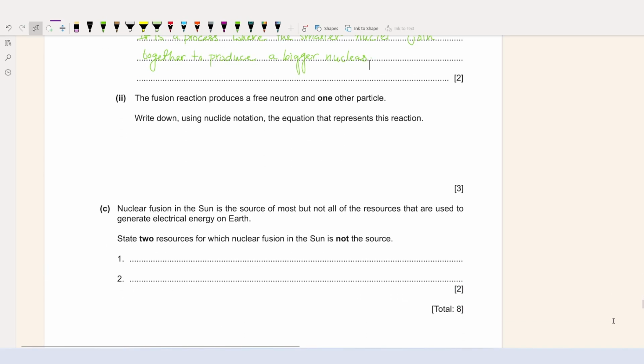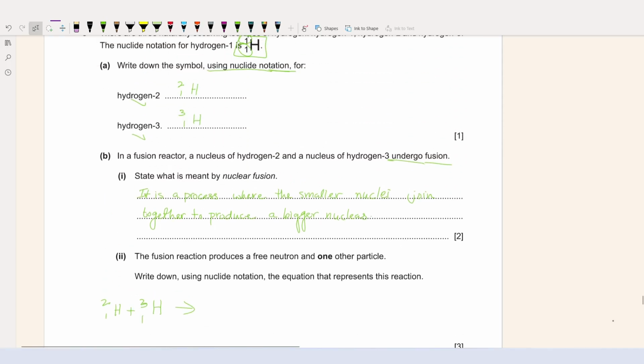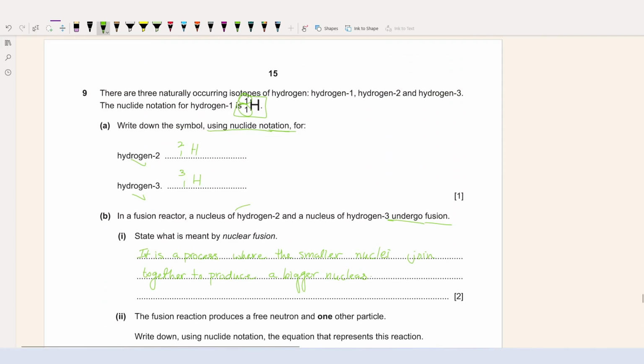Part 2 says fusion reaction produces a free neutron and one other particle. Write down using nuclide notation the equation that represents this reaction. So we know the reaction takes place between hydrogen 2 and hydrogen 3. This is given in this part of the question.